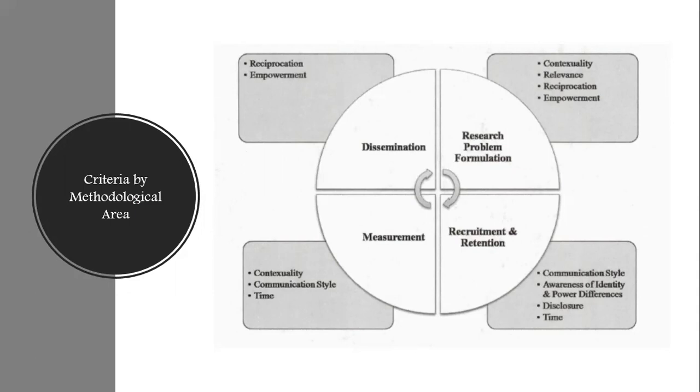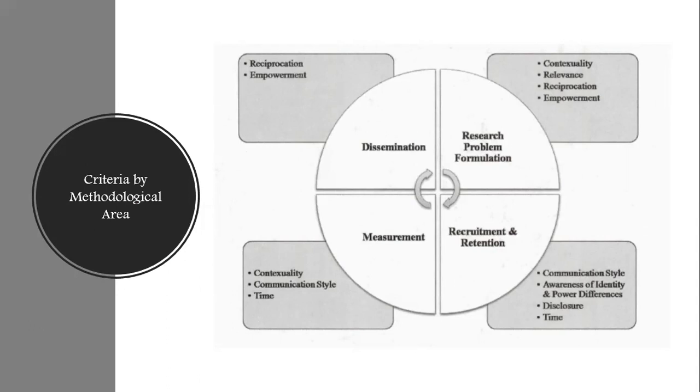And then finally, recruitment and retention. Thinking about communication styles, when we're communicating about our study and making efforts to recruit and retain participants, we want to think about how, and to what extent, we're communicating with them in a way that is relevant to them and that they are comfortable with. We also want to think about power differences, right? Oftentimes when we approach participants about taking part in the study, there is a power dynamic there.